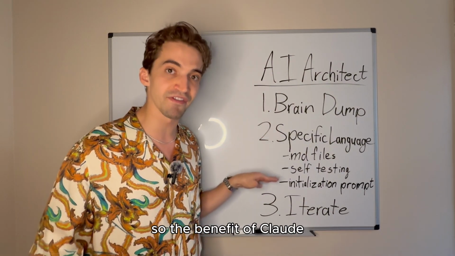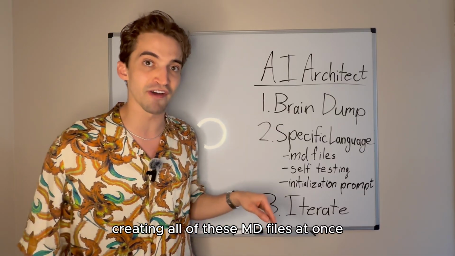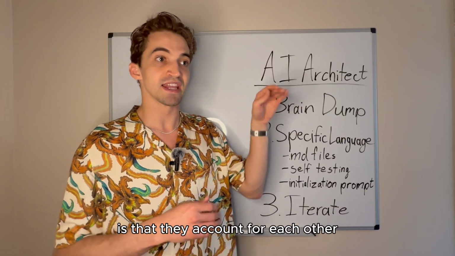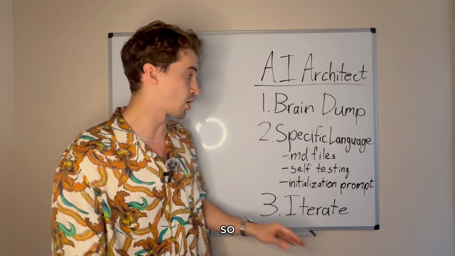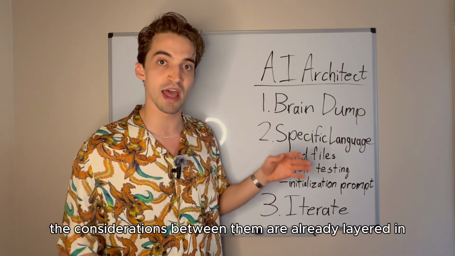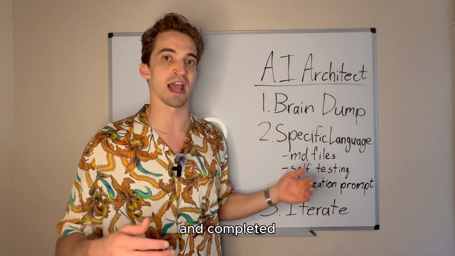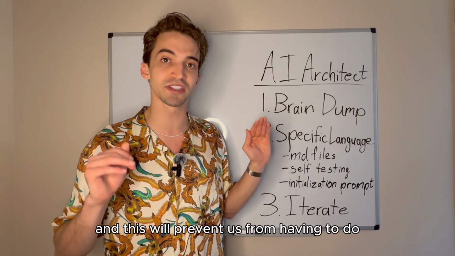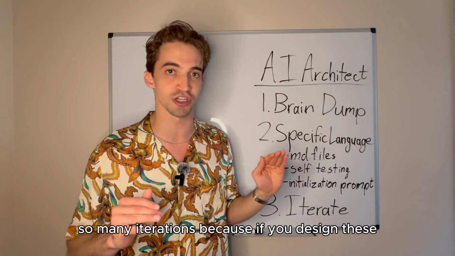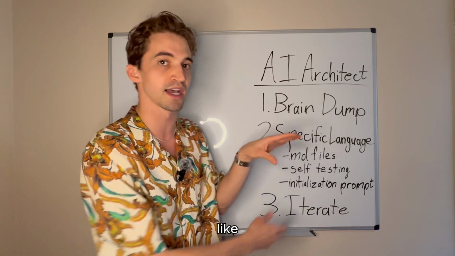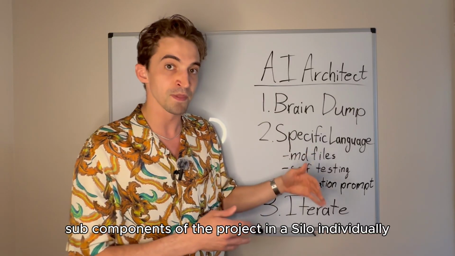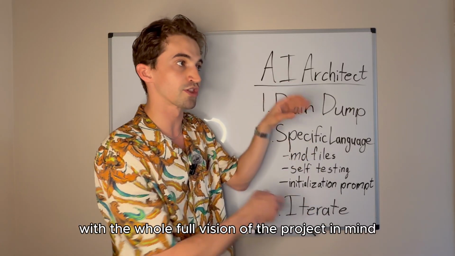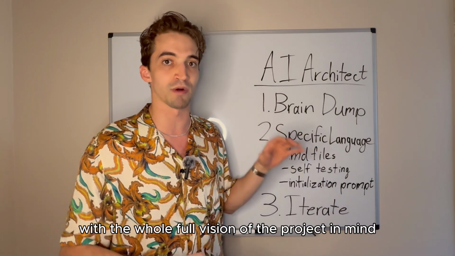So the benefit of Claude creating all of these MD files at once is that they account for each other. They're not created in a silo. So the considerations between them are already layered in and completed. And this will prevent us from having to do so many iterations. Because if you design these subcomponents of the project in a silo individually, they're not going to fit together with the whole full vision of the project in mind.